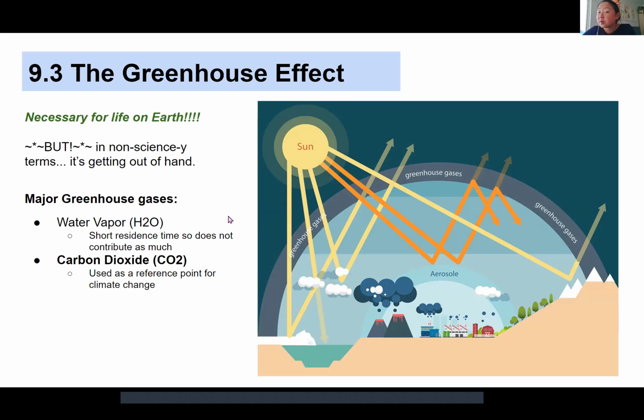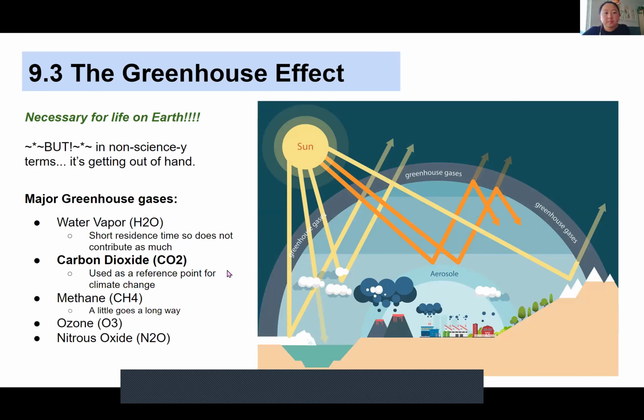It's used as a reference point for climate change. Methane, a little of it goes a long way, meaning methane is a very, very strong greenhouse gas. Releasing any amount of methane into the atmosphere, as the agricultural industry does, has larger effects than if you were to release the same amount of water vapor. And then ozone is a greenhouse gas, and so is nitrous oxide.